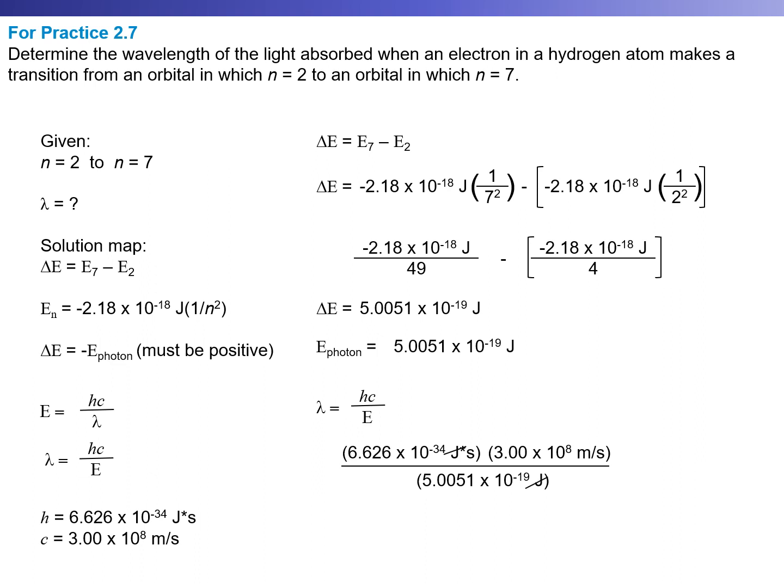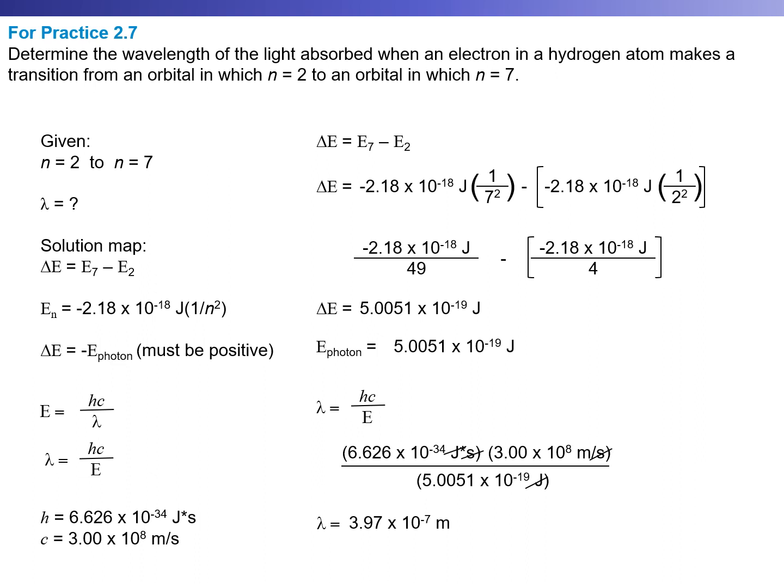We've got joules on the top, joules on the bottom. We've got seconds on the top, seconds on the bottom, and that's going to leave us with meters, which is actually how we measure the wavelength. So let's go ahead and do the math. And when we do, we find out that the wavelength is equal to 3.97 times 10 to the negative 7th meters.